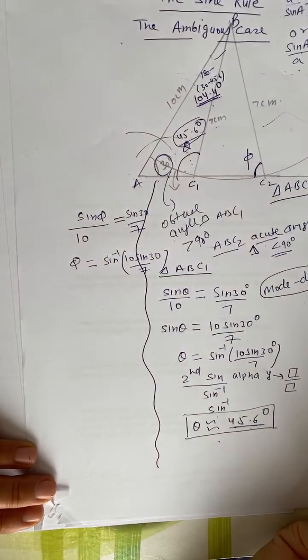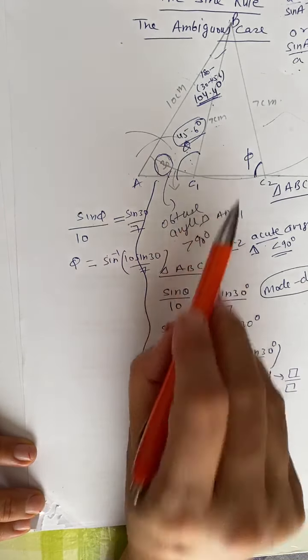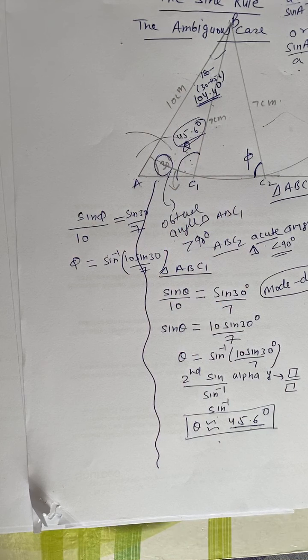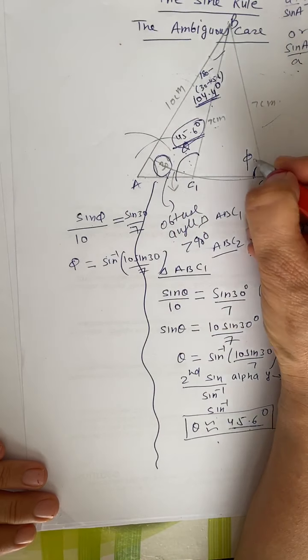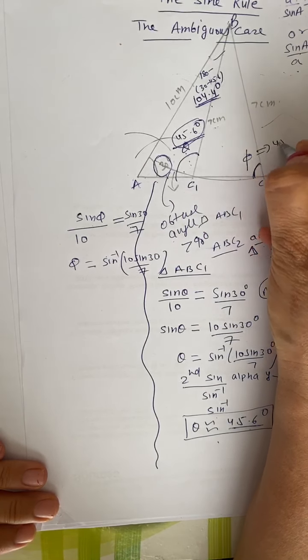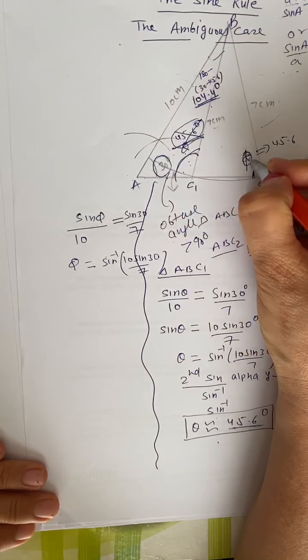So what is the value you got here? It's going to be the same value which you got before, isn't it? Oh sorry, because this was 45.6, isn't it? Yeah, so this value should have been 45.6 degree, not this one. My bad. So this is theta.